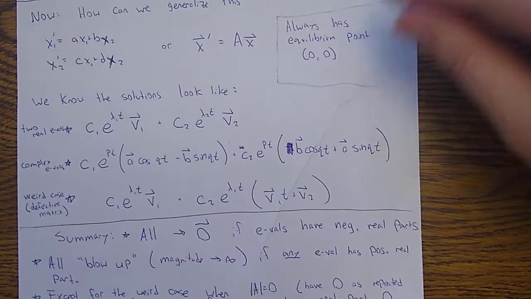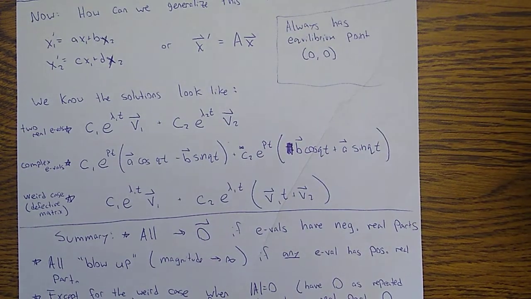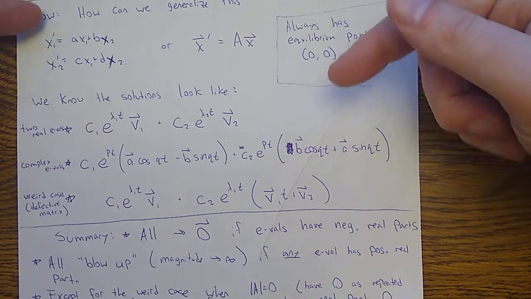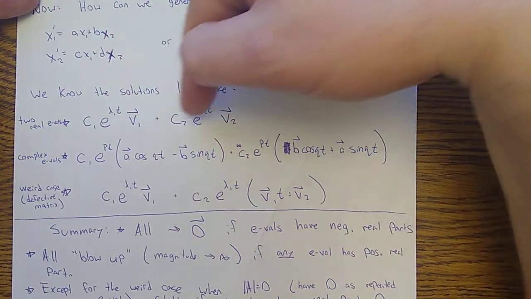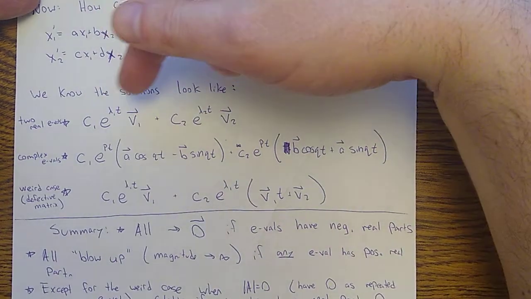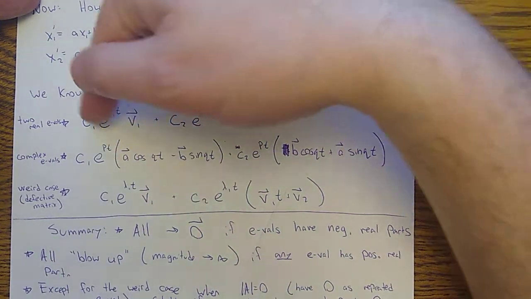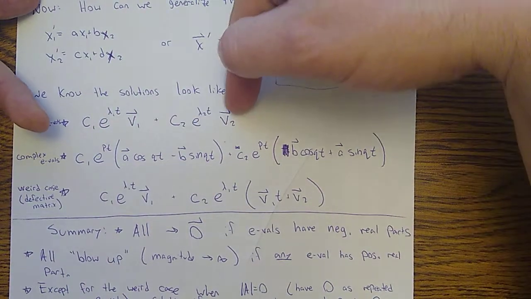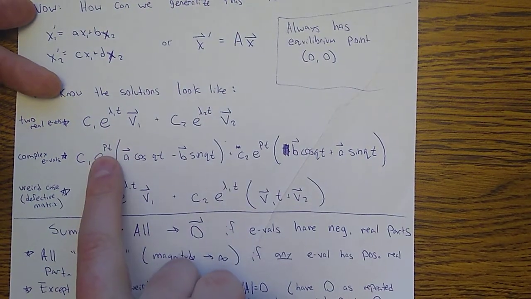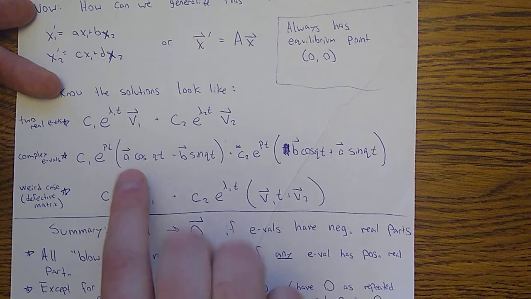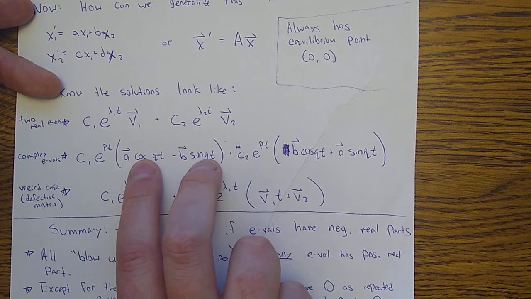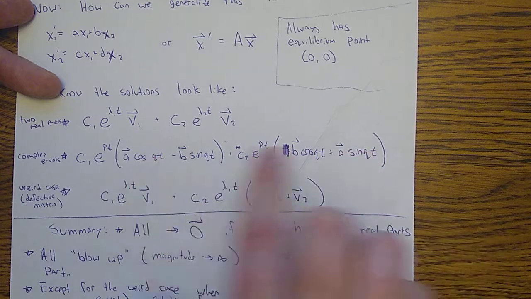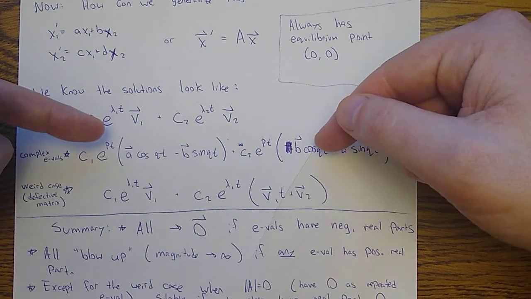At least the solution is not a vector whose magnitude is going to infinity. If the real parts are 0, like this is when the eigenvalues are real, then these would just be constants. Down here, if p were 0, then I have just the ellipse. That means the graph of the curve is just an ellipse.